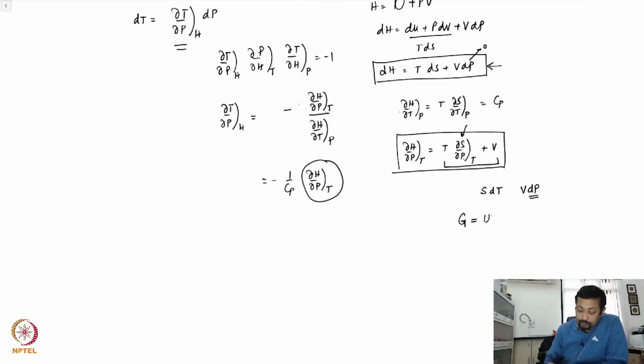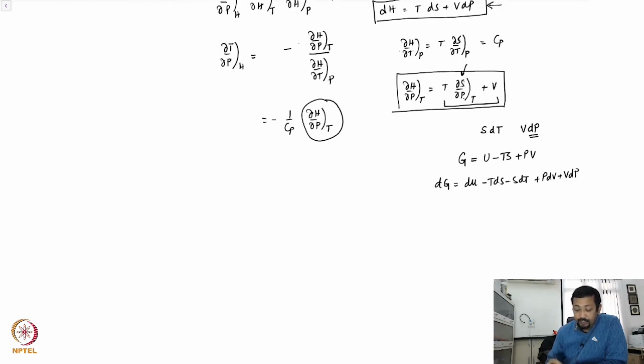G is equal to U minus TS plus PV, and dG is going to be dU minus TdS minus SdT plus PdV plus VdP. So that dU minus TdS plus PdV is 0 from the first law, and one has minus SdT plus VdP.